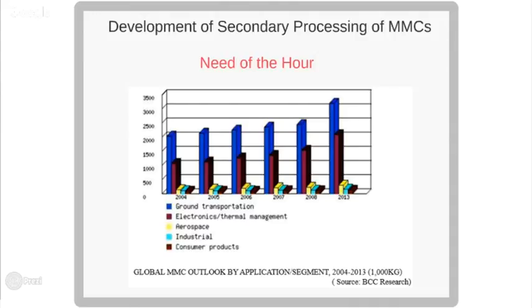They are not looking for high-end machining of that material because it causes an increase in the cost of that product. The basic requirement of the transportation industry and consumer product is an effective and efficient manufacturing process.